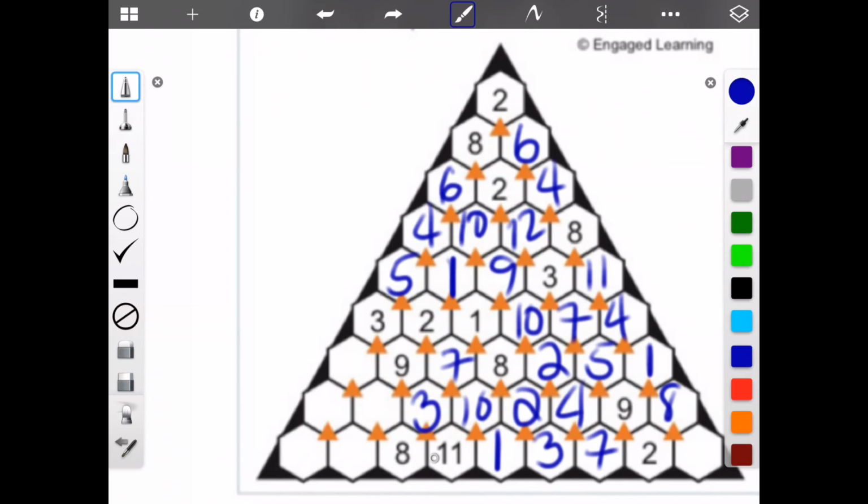Okay, let's finish up this one. 7, this has to be 6. 9, this could be 12, so this could be 6. Oh no, this doubles up, I can't do that. Okay, to get to 9, it has to be 12 here.